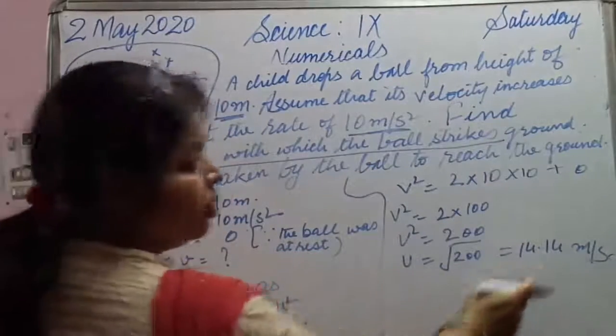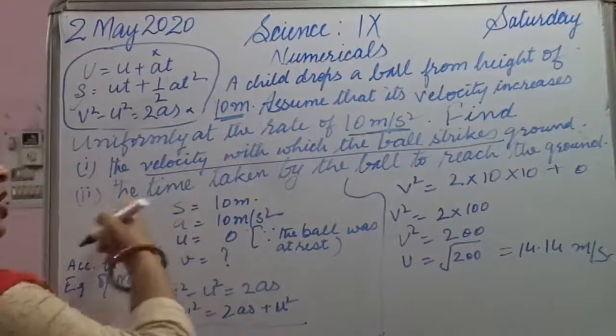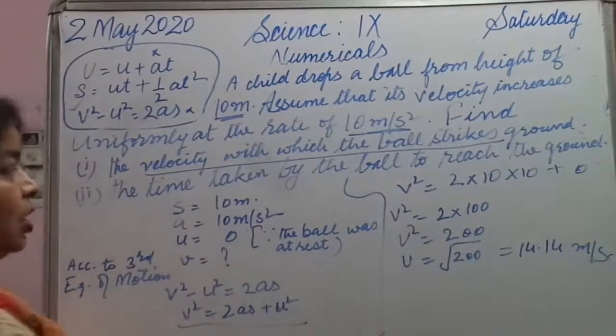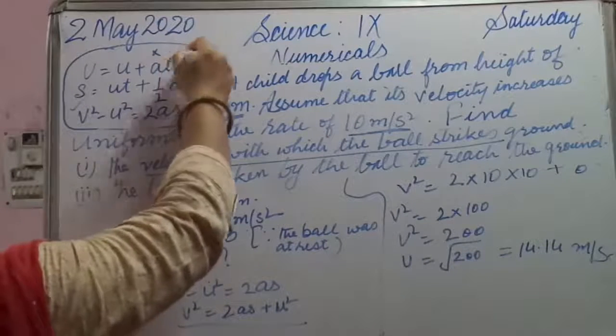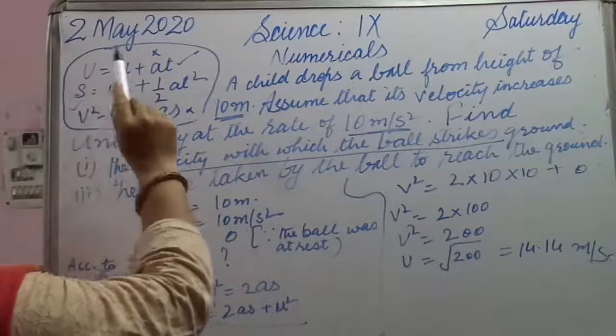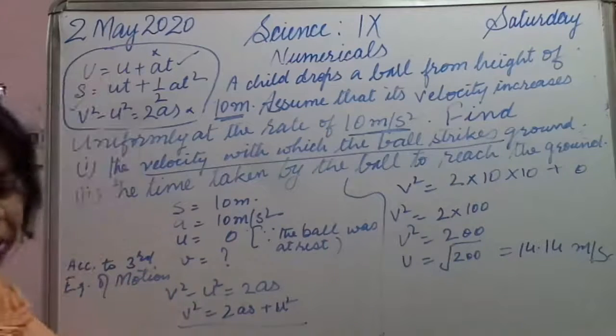Now, if we come to the second part, the time taken by the ball to reach the ground. What does it mean? It means we will take the first equation. See, V you have, U is also there, A is also there, then find out T. So for this, I'll rub it from here.